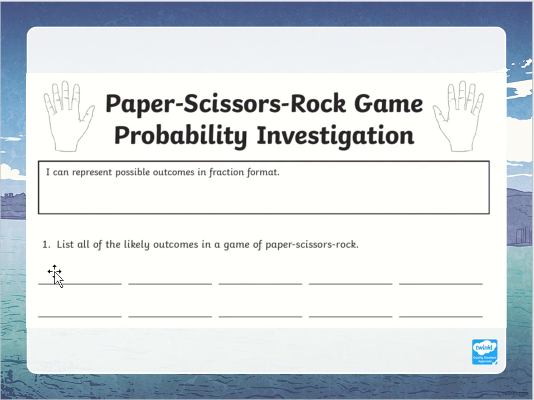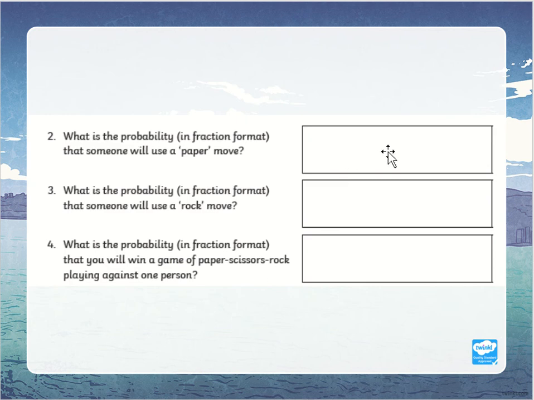So then you write that in. You could have paper and rock, paper and paper, scissors and rock. Write out all of the different likely outcomes that you might have.